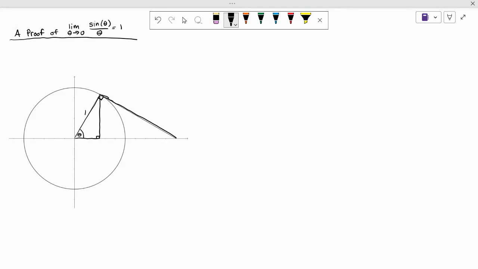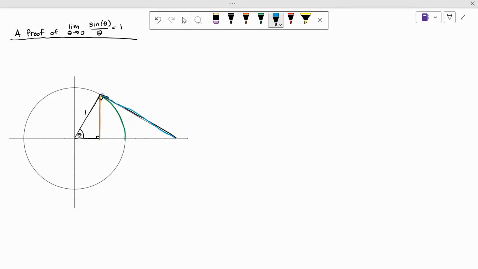We want to prove this special trig limit by using the squeeze theorem, and in order to do so, we want to look at this length compared to this length compared to this length.